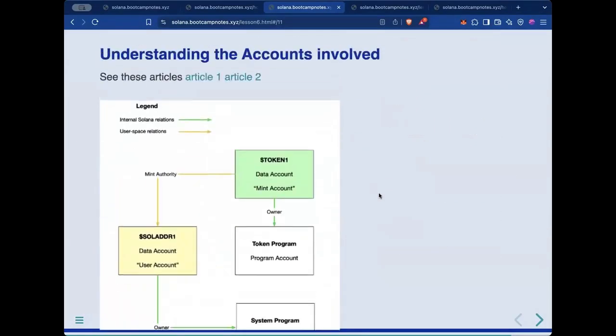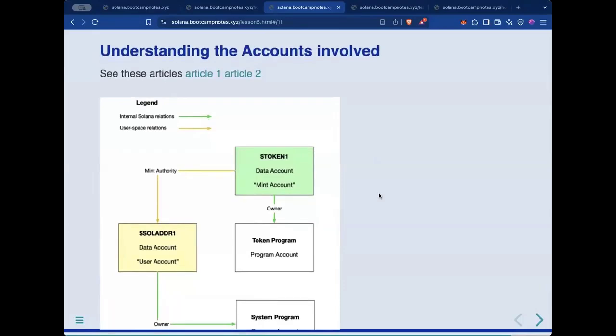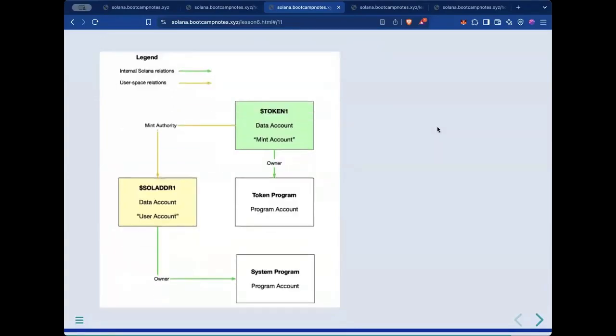Now, we do need to understand some accounts here. So this is where it gets a little bit more complex. And I do encourage you to go through this a couple of times. There's some good articles linked there that you may want to read that explain this nicely. So when we create a token, we start off with the token program.